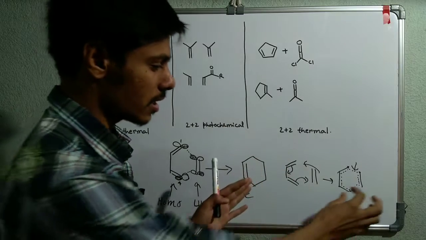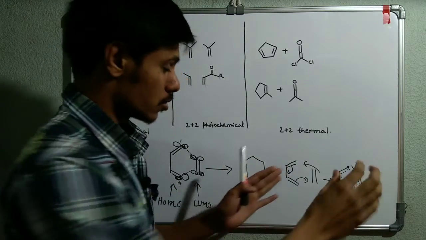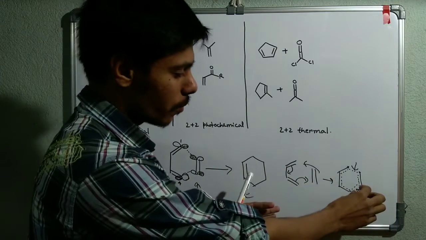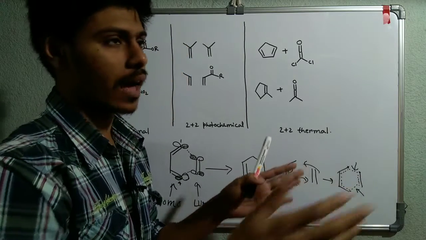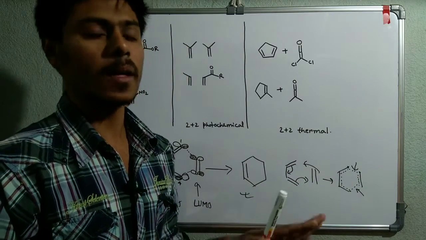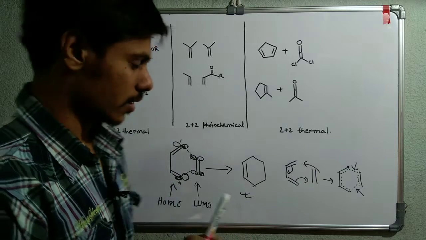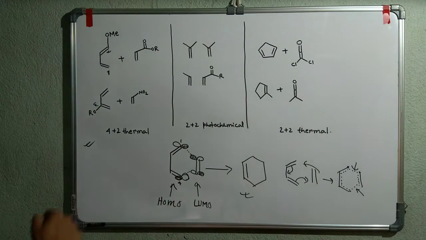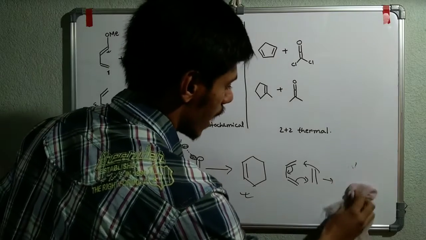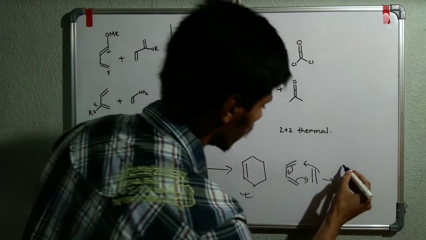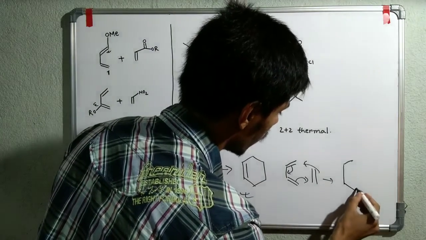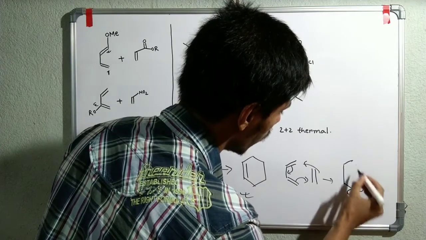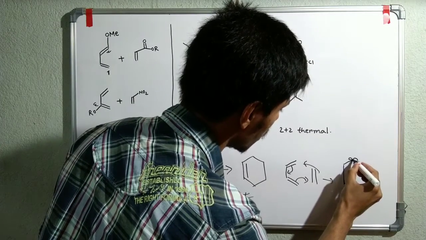So in the early transition state there will be bond formation from one side, whereas the other side may not have yet started the bond formation, right? So for example, let's say you have a case where you have a higher coefficient of HOMO on this side and a lower coefficient of HOMO on this side.